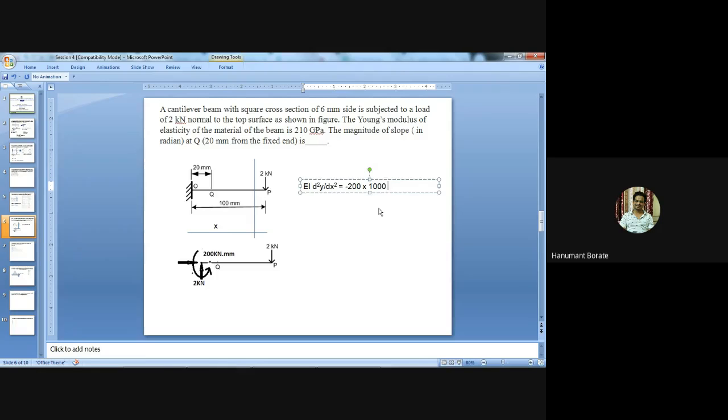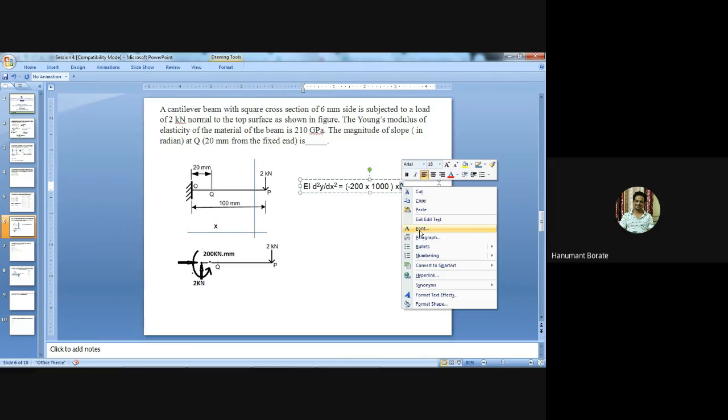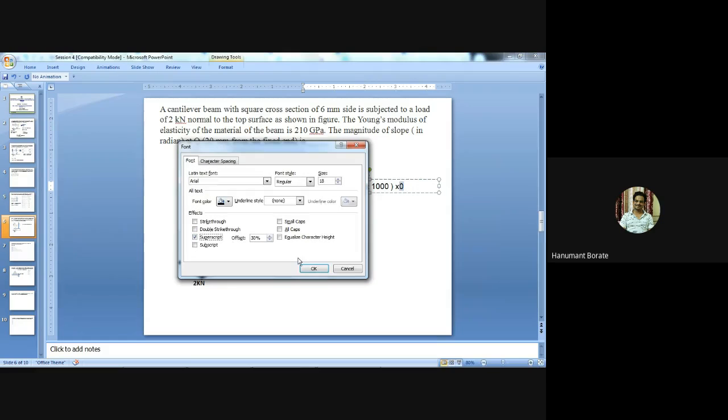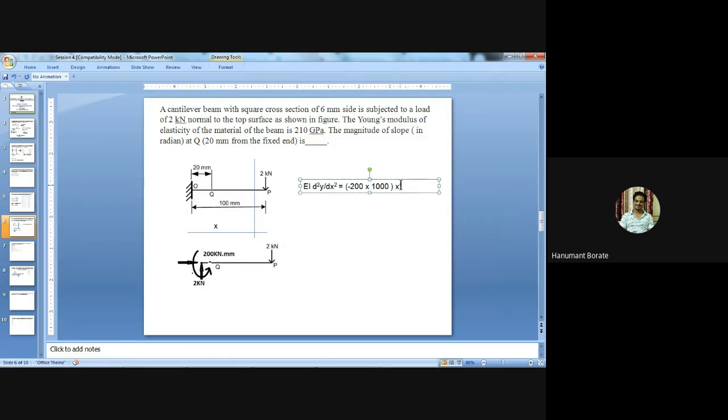And for the moment we need to write x raised to 0, because the moment is already in Newton mm. So for calculation purposes I will write here x raised to 0. That is important.